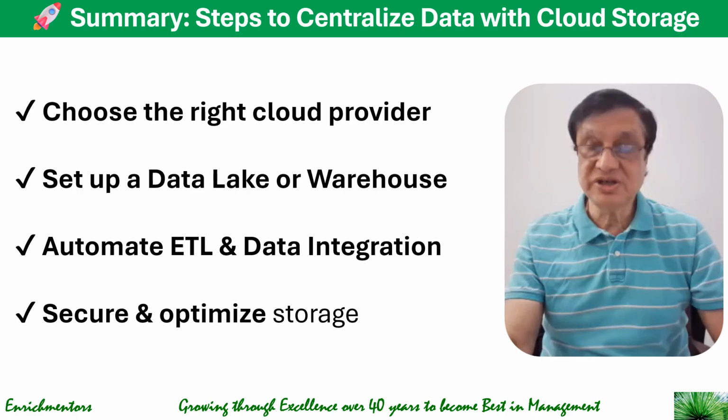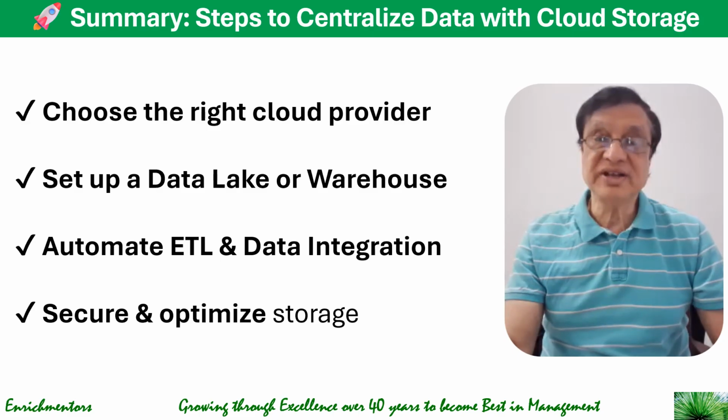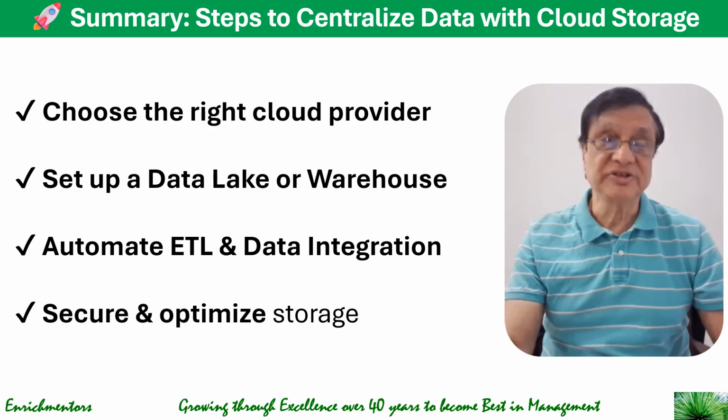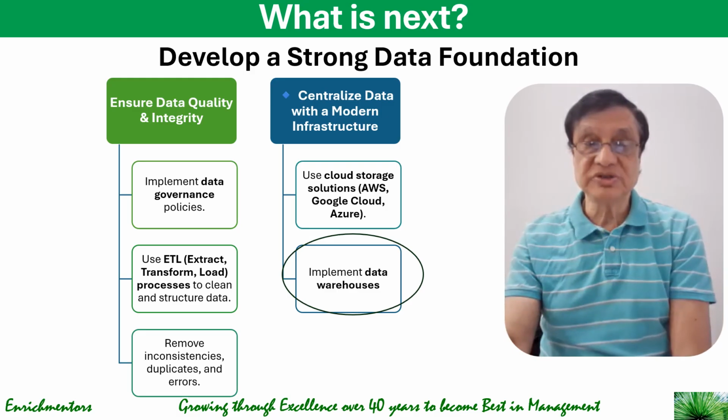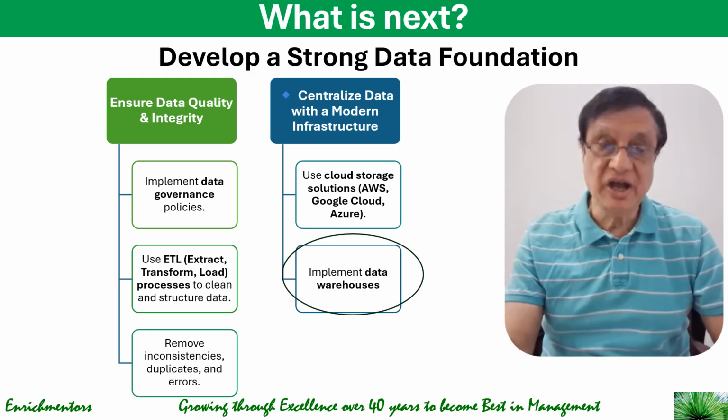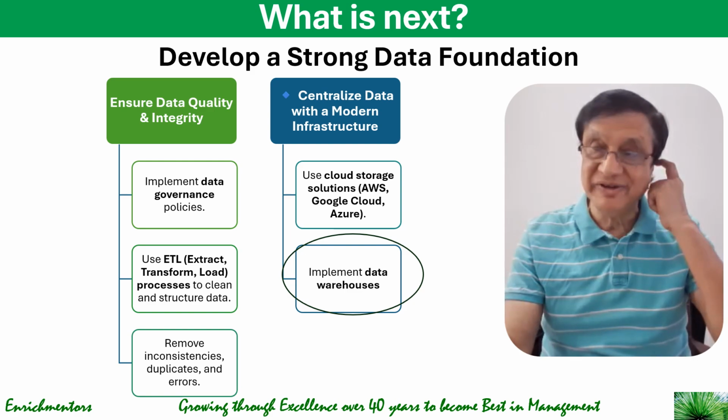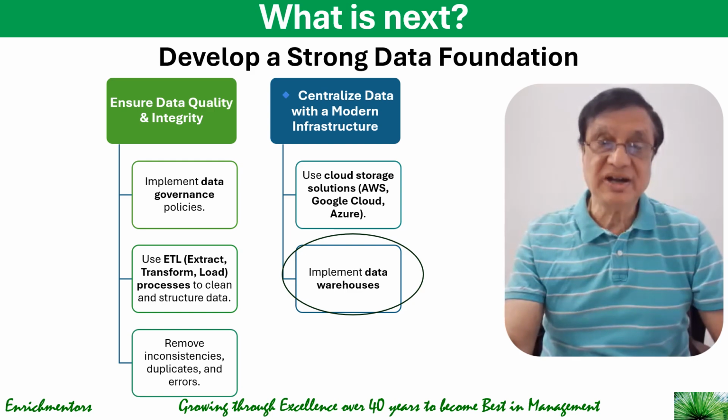And finally, you secure and optimize storage with IAM, encryption, and cost-saving measures. So that's how you can centralize data with cloud storage. So what do we do next? Having looked at how to use cloud storage solutions, we will now look at how to implement data warehouses to centralize data with a modern infrastructure.